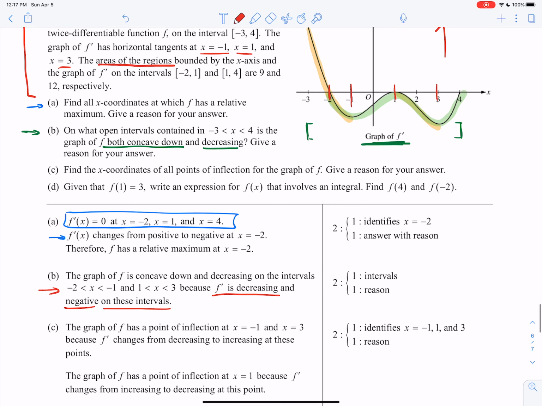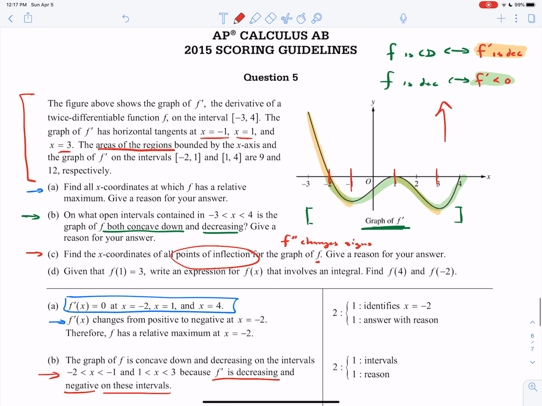Part C, find x-coordinates of all points of inflection for the graph of f. Give a reason for your answer. So right away when I see points of inflection, I think of the second derivative. So pretty much this is where the second derivative changes signs. But again, we only have the graph of f prime.